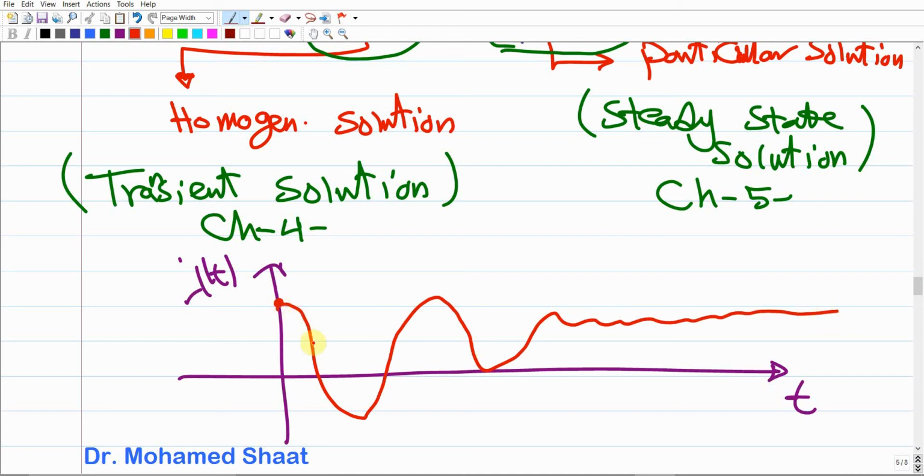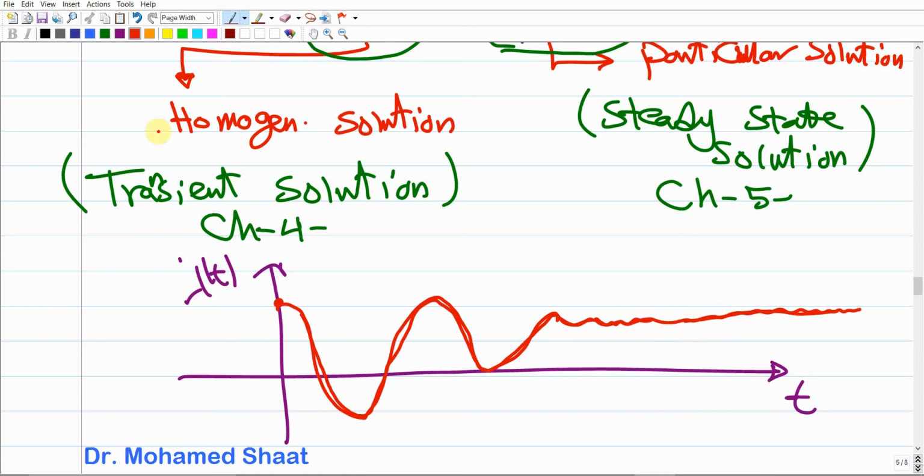As you can see, the current changes severely over time; the change is intense. After a few seconds, it reaches a very negligible deviation. It still deviates with respect to time, but this deviation is very negligible.